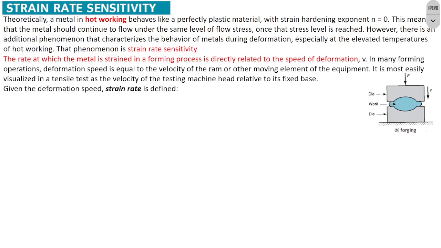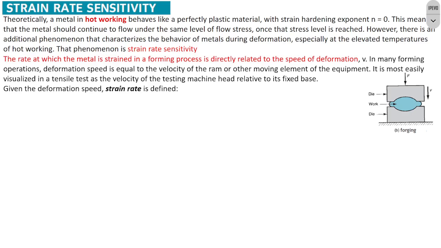If we slowly deform the body, then smaller forces may be sufficient, but if we increase the speed of deformation, it is going to be necessary to apply greater forces. Theoretically, a metal in hot working behaves like a perfectly plastic material with strain hardening exponent 0, so the material should continue to flow under the same level of flow stress.